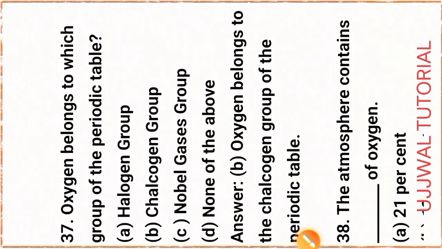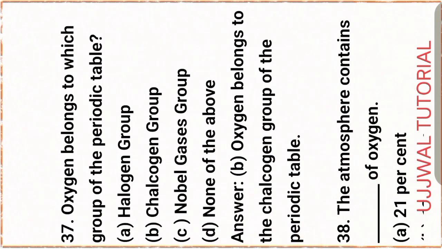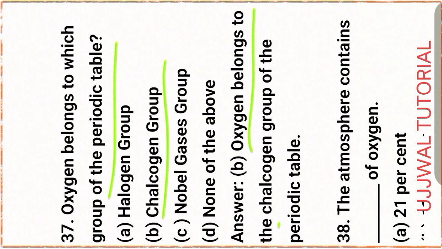Next question, number 37. Oxygen belongs to which group of the periodic table? Option B, the chalcogen family, also called the oxygen family. Oxygen belongs to the chalcogen group of the periodic table.